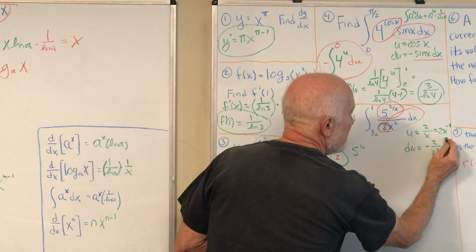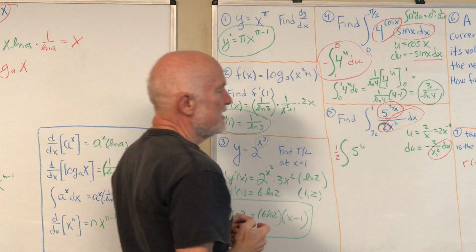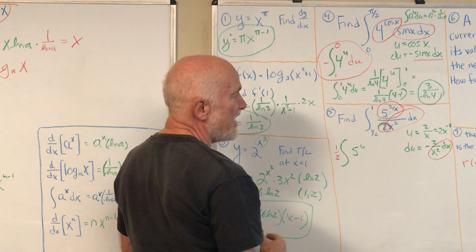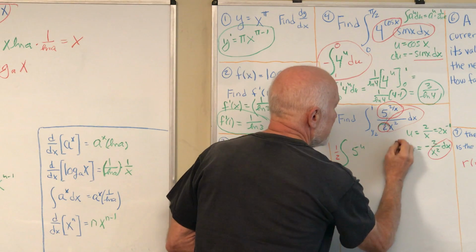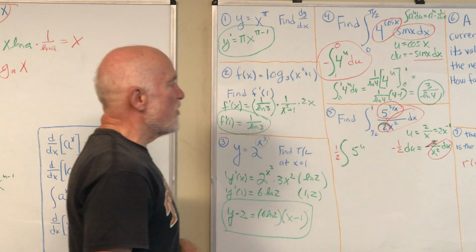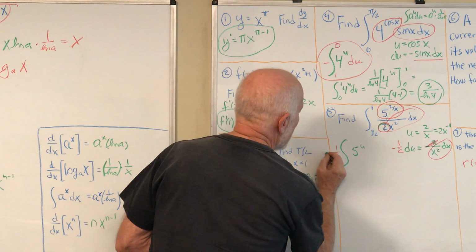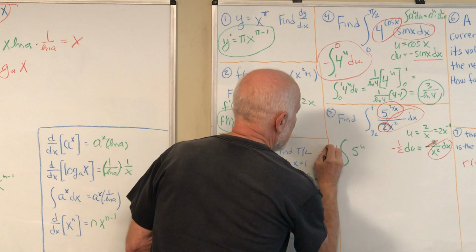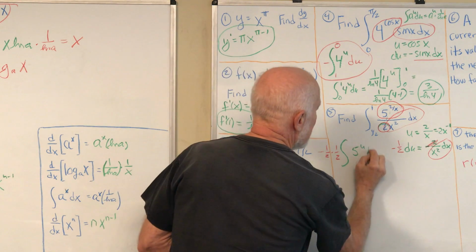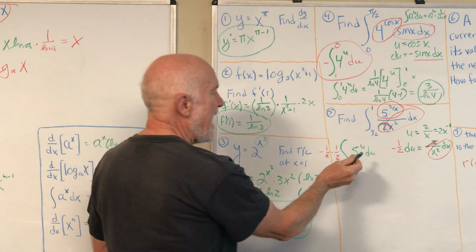Well, there it is right there, dx over x squared. So if I want to solve for that, I multiply both sides by negative 1/2, and I get dx over x squared is negative 1/2 du. So I can just multiply by another negative 1/2 out here, and then just put du.